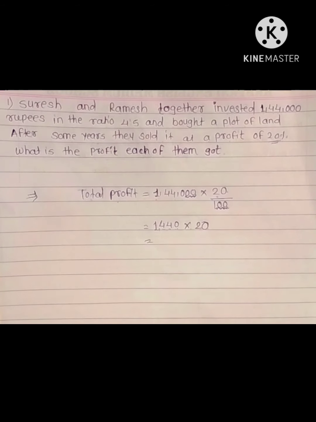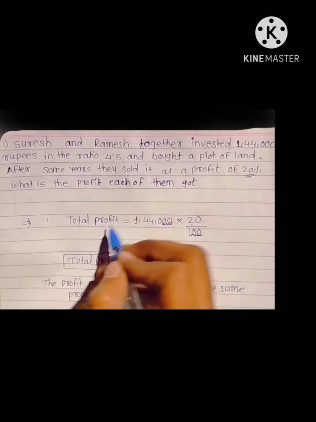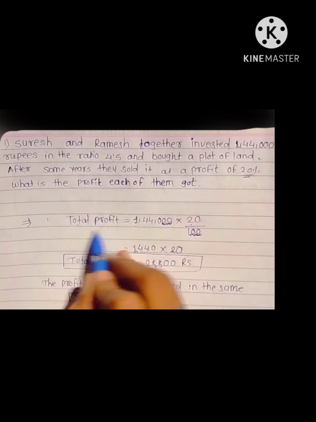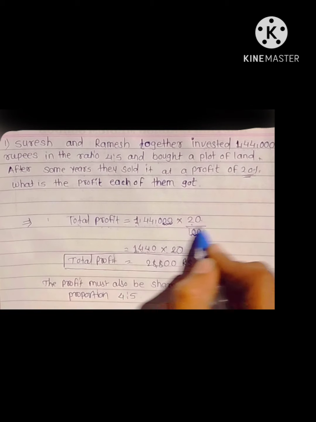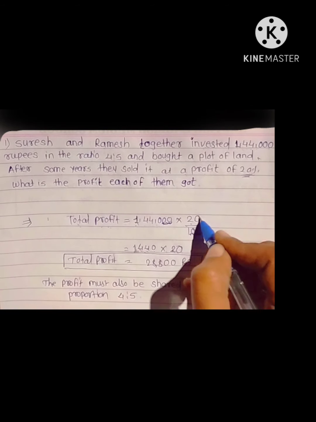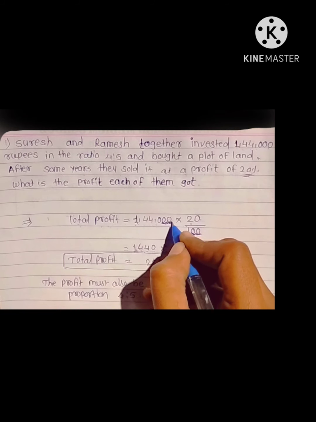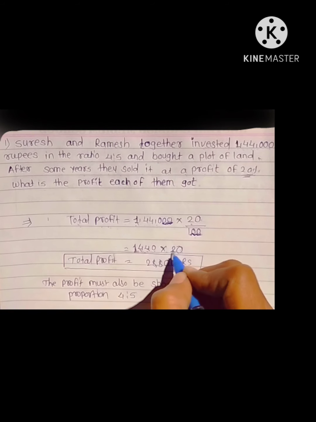Now here we will first find the total profit. Find the total profit on the 1,44,000 rupees. So total profit is equal to 1,44,000 into 20%, that means 20 upon 100. So here this 20 gets cancelled with these 2 zeros. What remains here is 1,440 into 20.